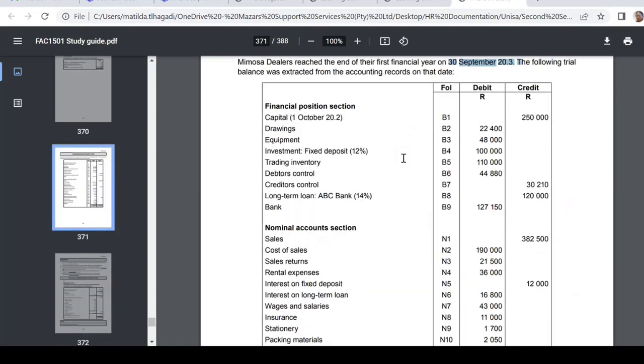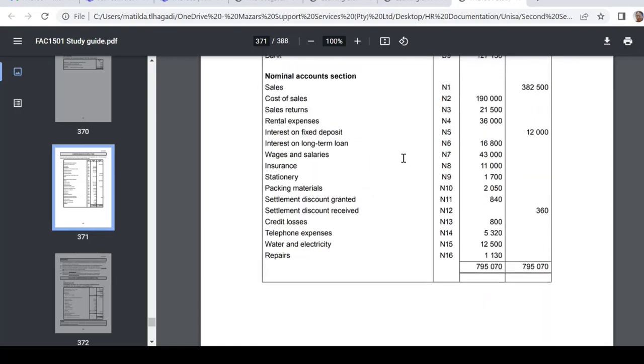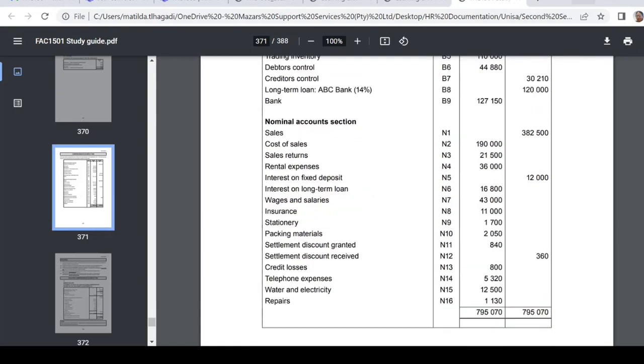So just looking at this, can you tell me did the company make a profit or a loss? I'm just looking at the trial balance. If you just look at the statement, I am going to go with a profit.